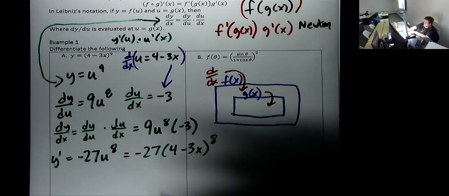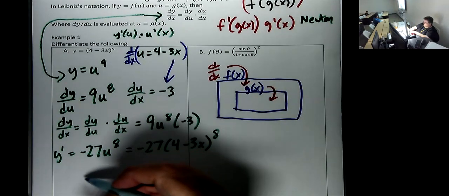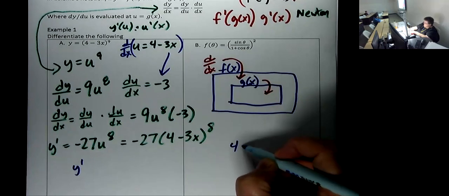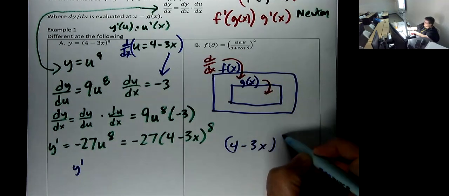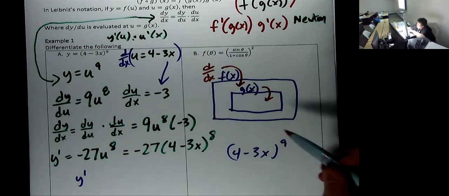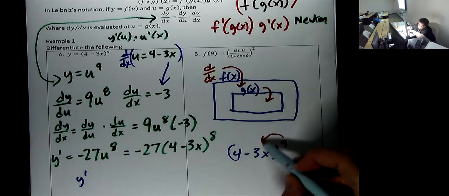The other way of going about it is we started with 4 minus 3x to the 9th. If you have everything nested well in parentheses, you just start on the outside of the parentheses and work in. I'm starting on the outside, the 9.